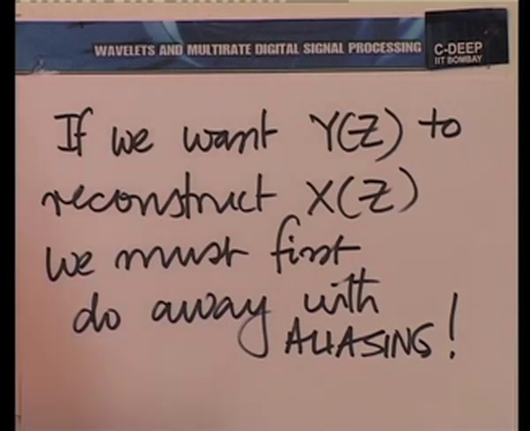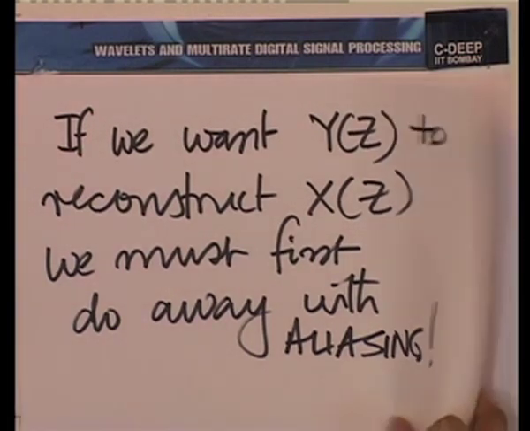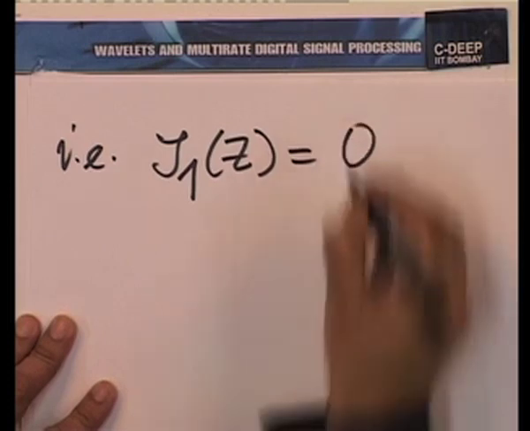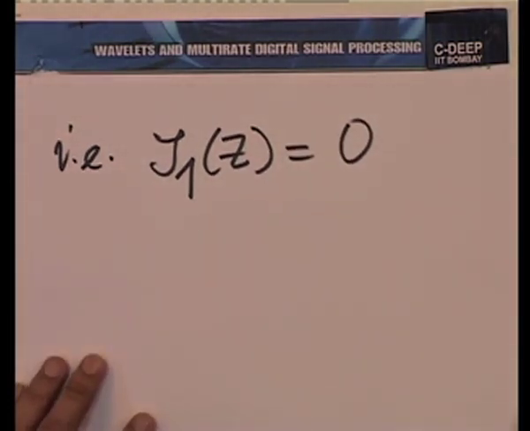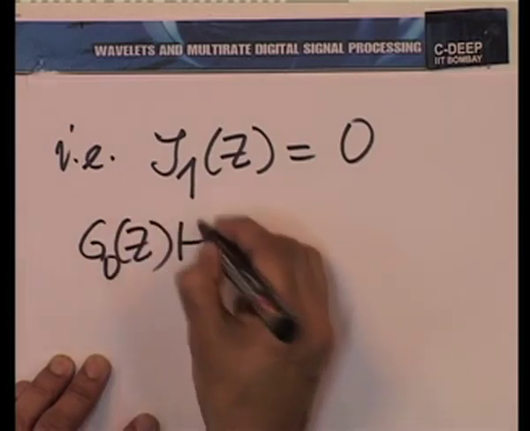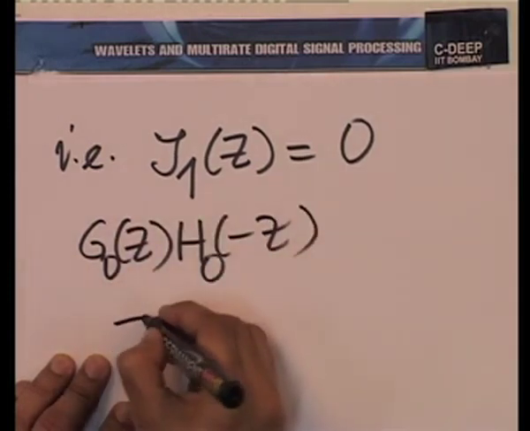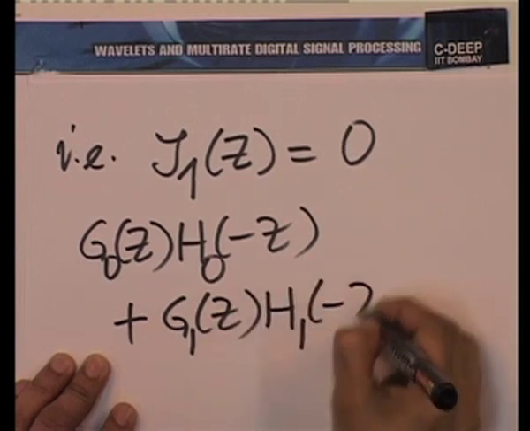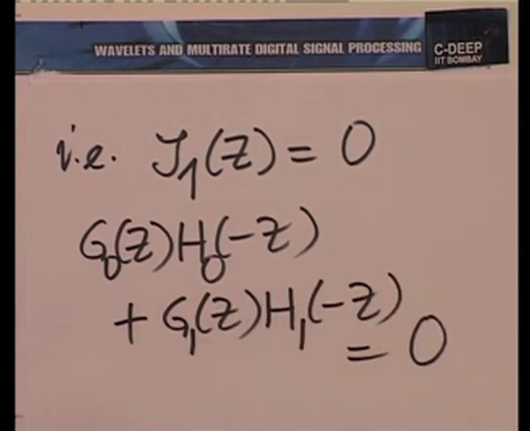And how can we possibly do away with aliasing? That essentially means we want tau 1 of z to be equal to 0, or in other words, we want G0(z) H0(minus z) plus G1(z) H1(minus z) equal to 0.